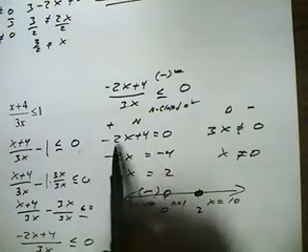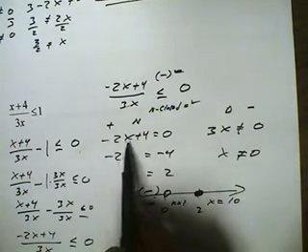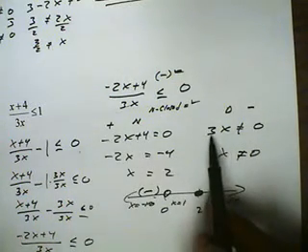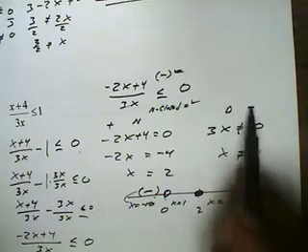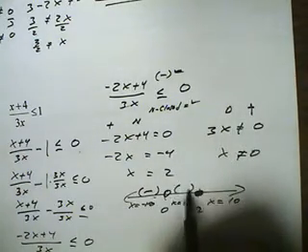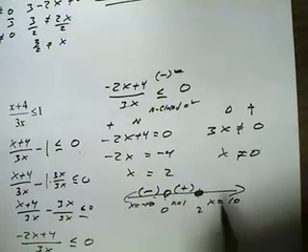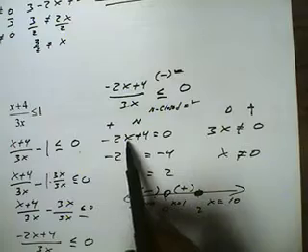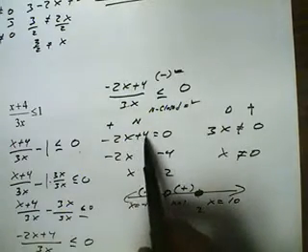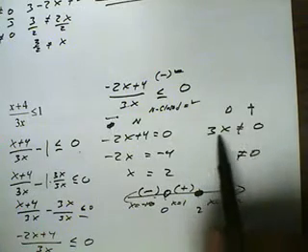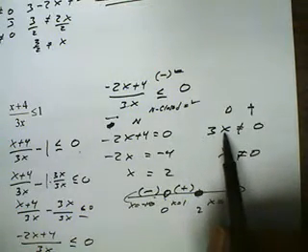Now if x is 1, negative 2 times 1 is negative 2 plus a positive 4 gives me a positive. And 3 times 1 is a positive answer. So positive divided by positive means this area is positive. Now if x is 10, we have negative 2 times 10, which is negative 20, plus a 4. That answer will be negative. And 3 times 10 is a positive answer.